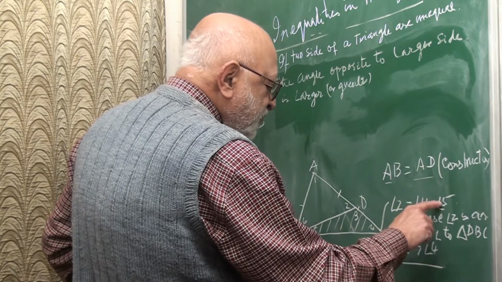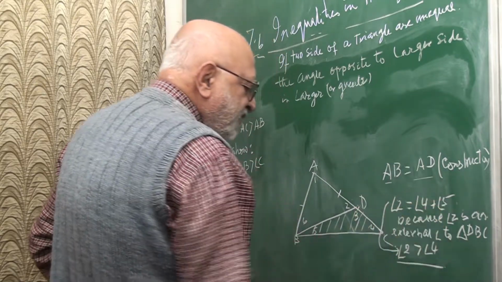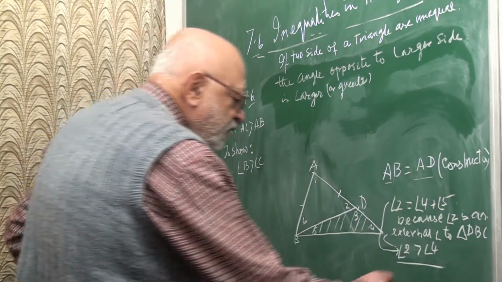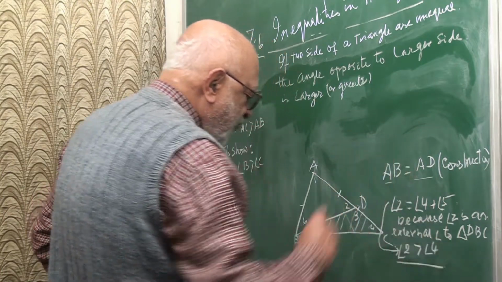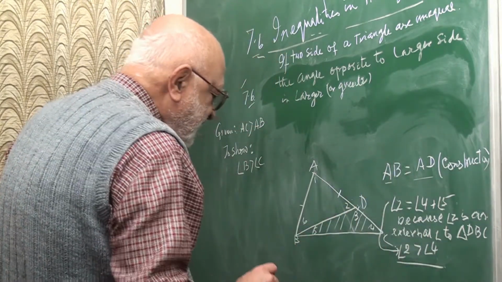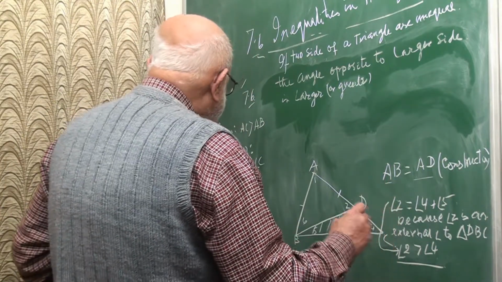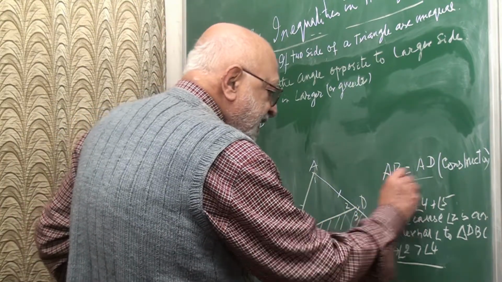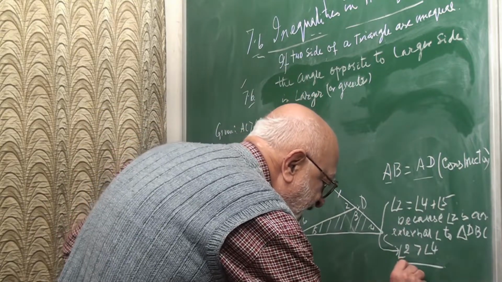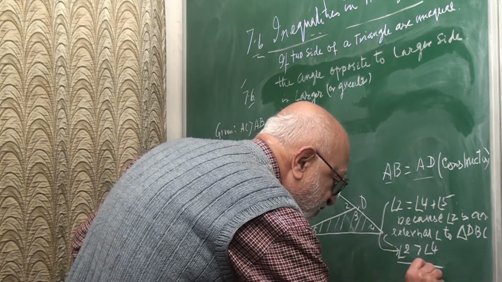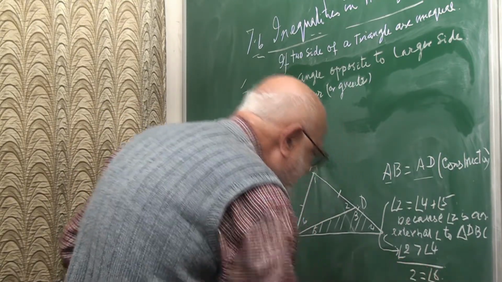If I take out angle 5, then angle 2 is greater than angle 4. Okay, this is done. Now angle 2 is equal to angle 6, because I have taken it by construction.